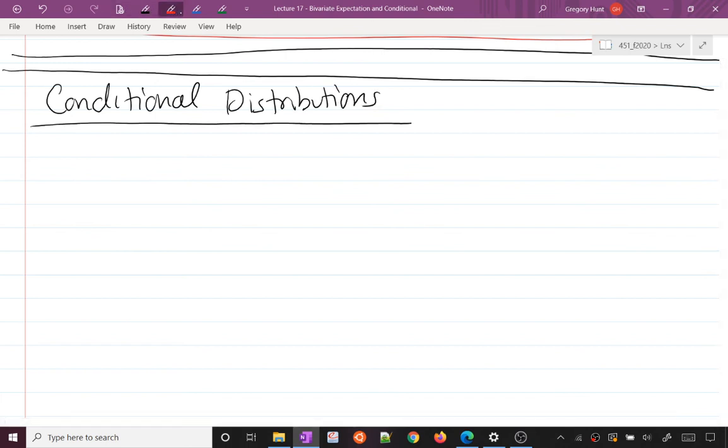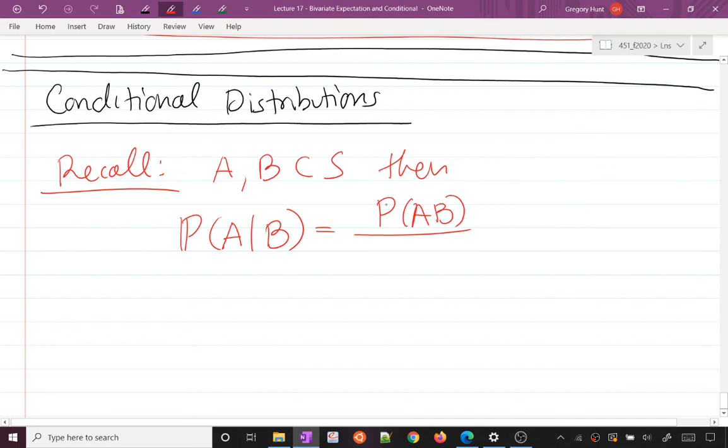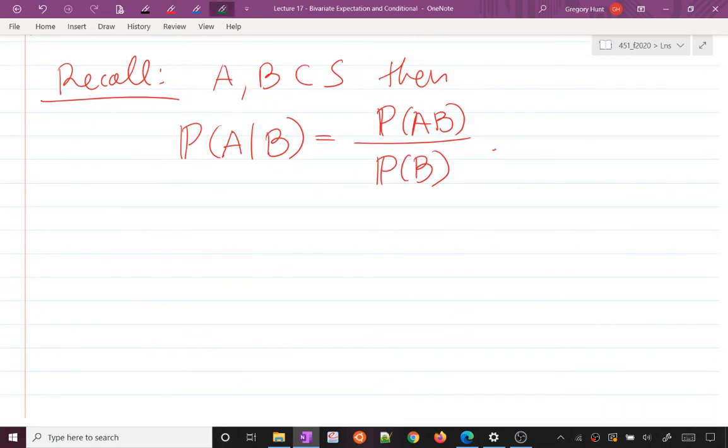Recall that if A and B are events, way back in the beginning of class, we said that the probability of A conditioned on B, that is A given B, is the probability of the intersection over the probability of B. Okay? We can now do something similar for random variables because we now talk about two at a time. We start talking about bivariate random variables.